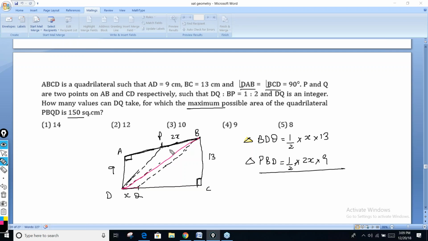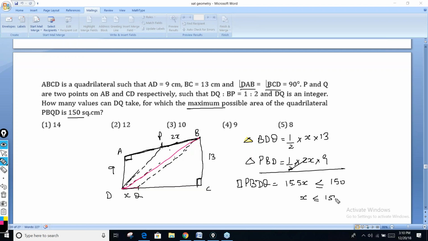And if I add these two, this will become the area of PBQD. What is the complete area of quadrilateral PBDQ? That is the summation of these two, which is 9x plus 6.5x, that is 15.5x. And that is given as maximum 150. So it means this is less than equal to 150. So what is the value of x?